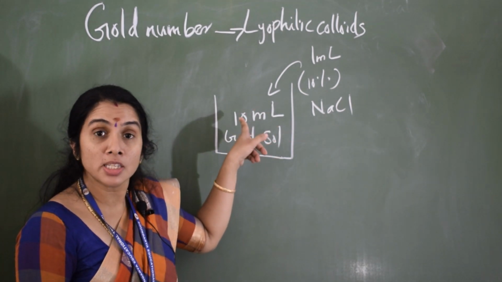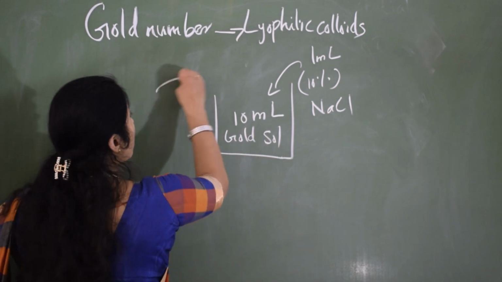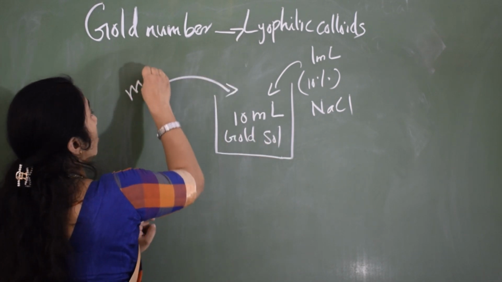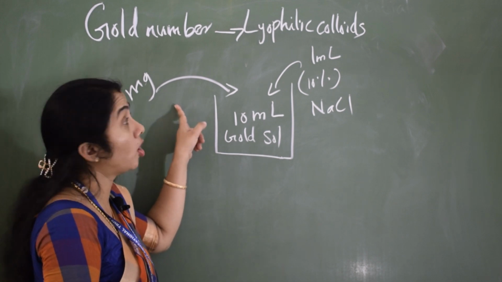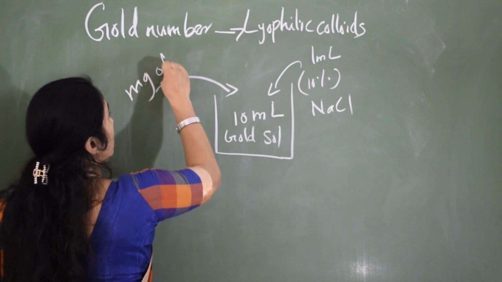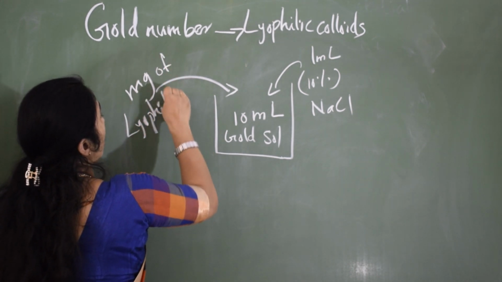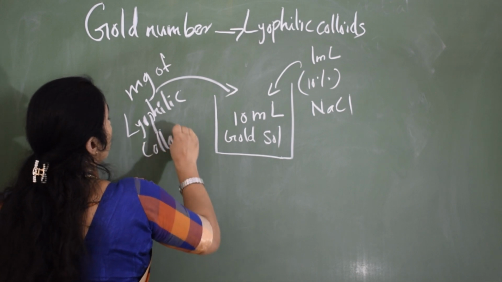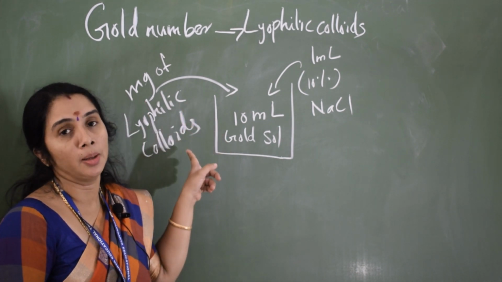To prevent this coagulation, how many milligrams of lyophilic colloids are added? That is termed as gold number.